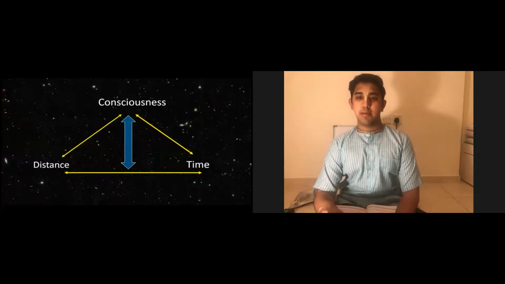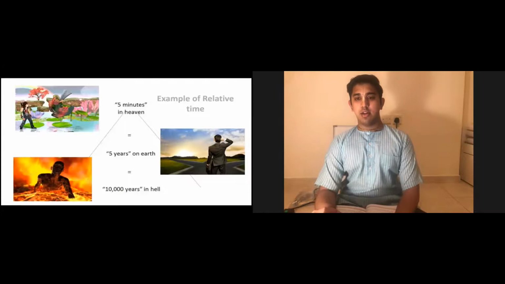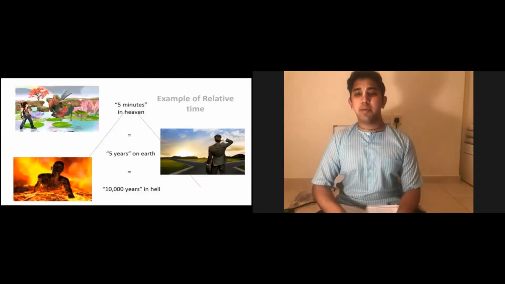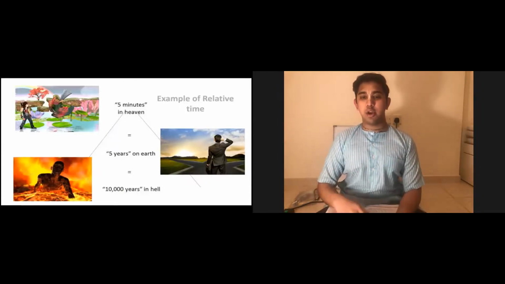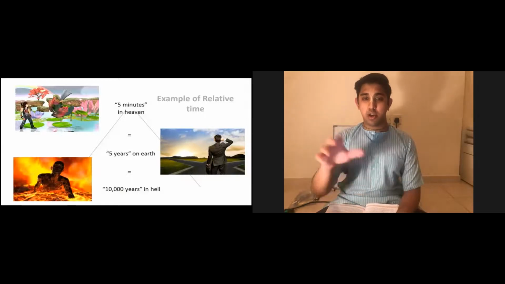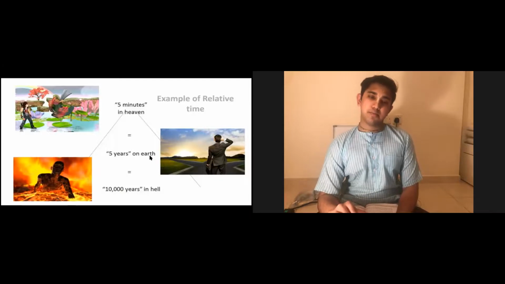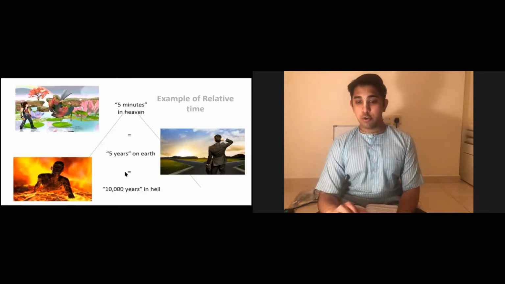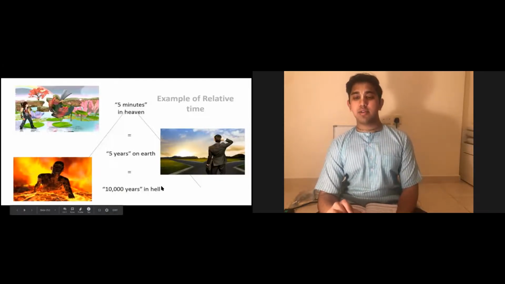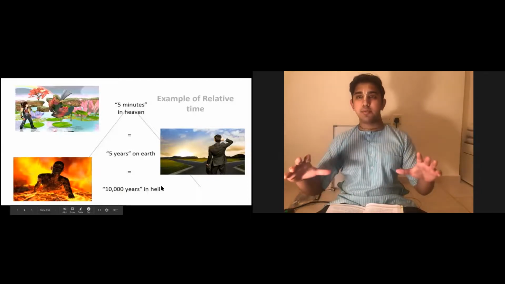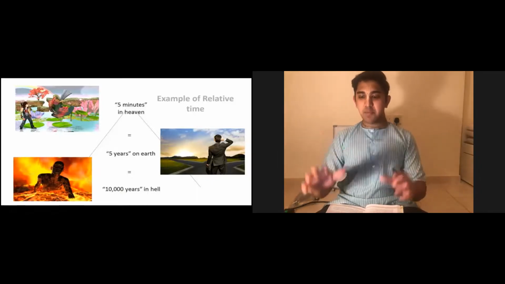To explain that, let's take this example. 5 minutes in heaven, Swargaloka, would be about 5 years on Earth, or it could be 10,000 years in hell. So that's how time changes for all these different planetary systems.